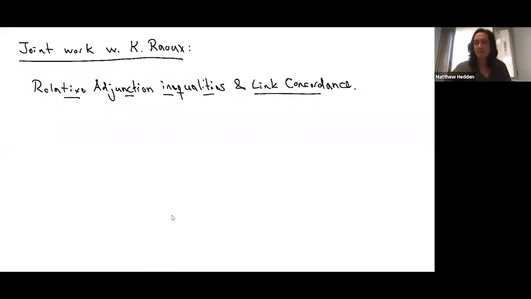But before I get into link concordance, I want to just set the stage with the kind of general question that adjunction inequalities are designed to handle, and this is the minimal genus problem.